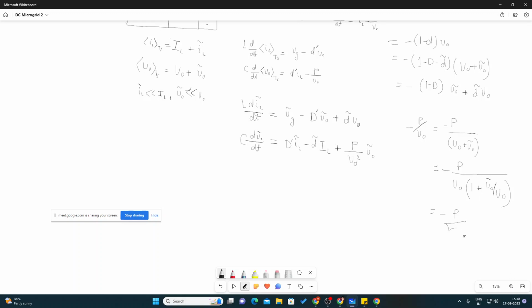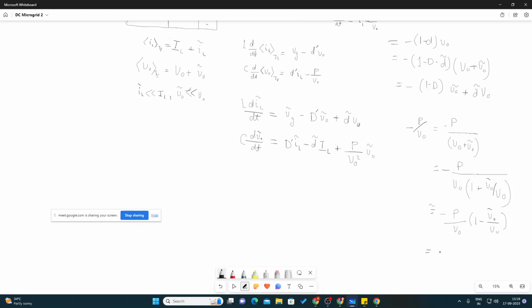This expression, V0 tilde by V0, is much less than 1. So we can write this as 1 minus V0 tilde by V0 plus (V0 tilde by V0) whole square. This binomial expansion goes on, so we truncate the higher terms since they are very small. So we approximate it to this part.